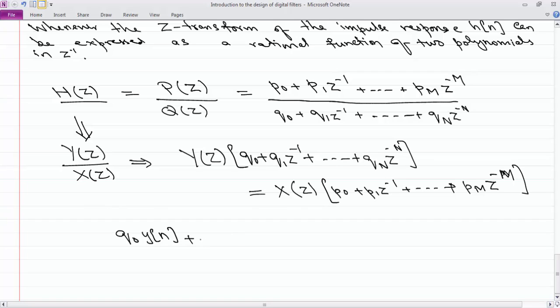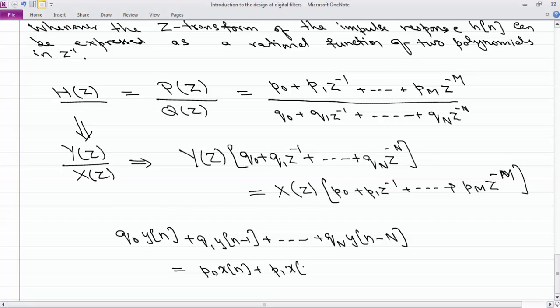So that is q1 y[n minus 1]. And we keep on going, and that's qn y[n minus N]. That is equal to p0 x[n]. I do the same trick. p1 x[n minus 1] plus pm x[n minus m]. Okay, after taking the Z transform of this earlier equation.